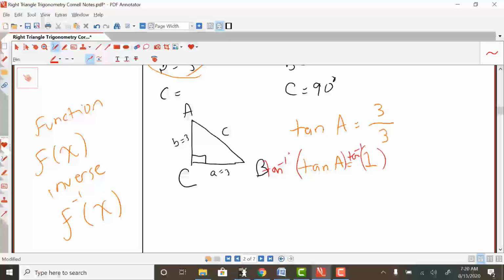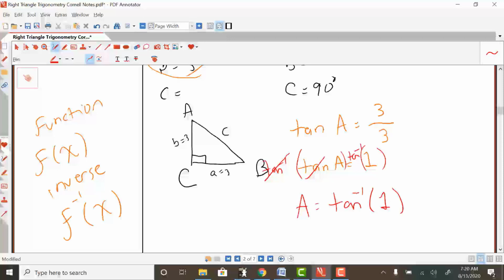And what happens is the tangents cancel out, and I'm left with A equals tangent negative 1 of 1. Right? This is why we're doing this, because sometimes people just freak out about this stuff. So we only do the inverse. This is the inverse operation. The negative 1 is inverse only when we need to get the angle by itself, the capital letter by itself.